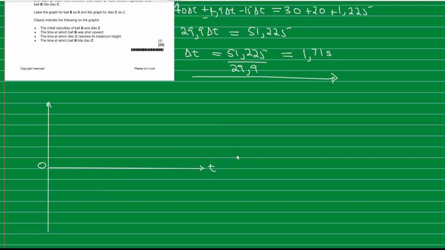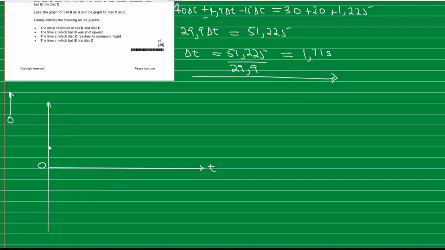Now we are required to indicate the initial velocity of ball B and the disk C. Now we also need to take into consideration our direction that we have mentioned. We said that we are going to take upward as our positive. So when we threw disk C upward, we started with a velocity of 15 meters per second.